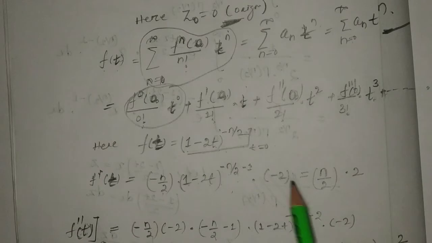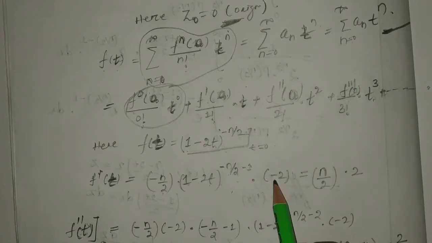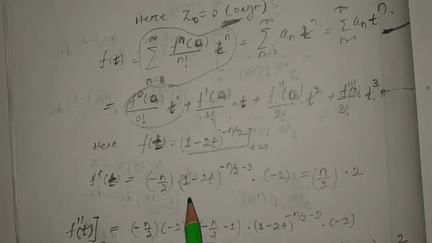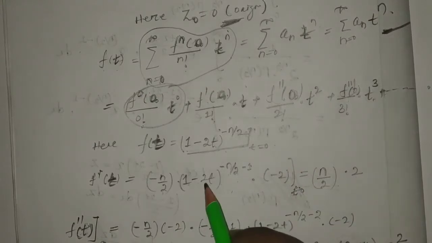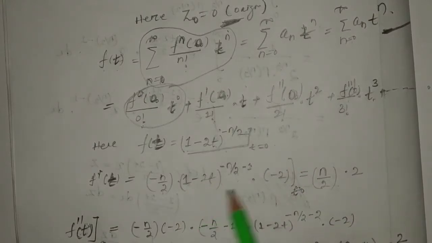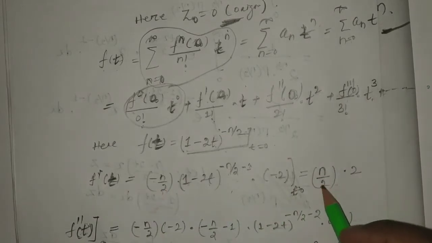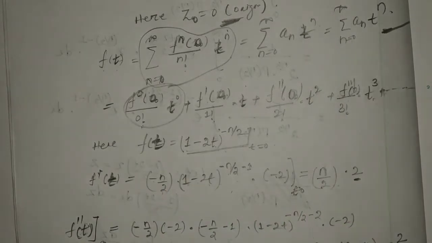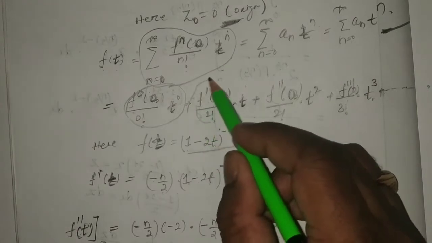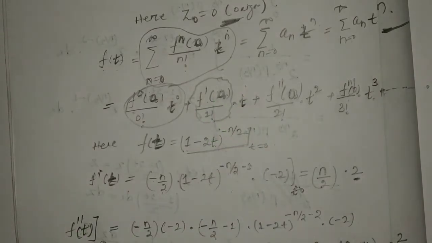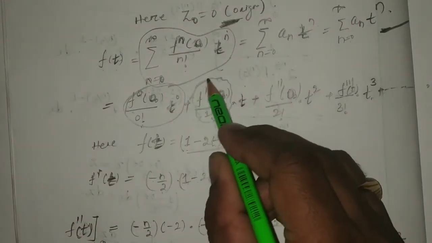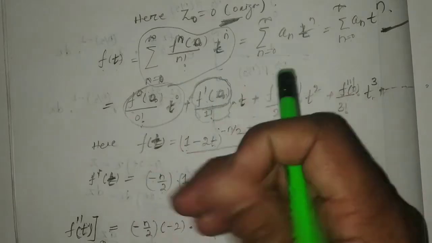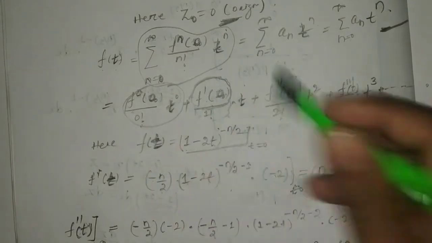Then we put t equal to 0, so this will be 1, and minus minus gives n by 2 into 2, right? So we found the value of f dash(0).